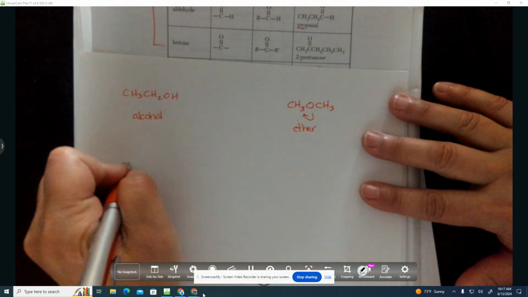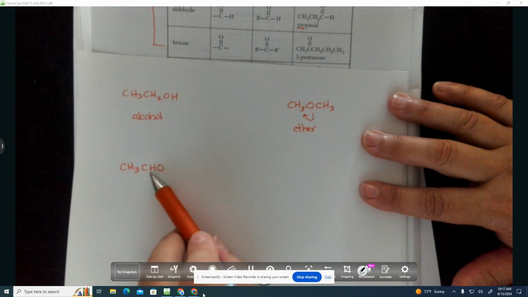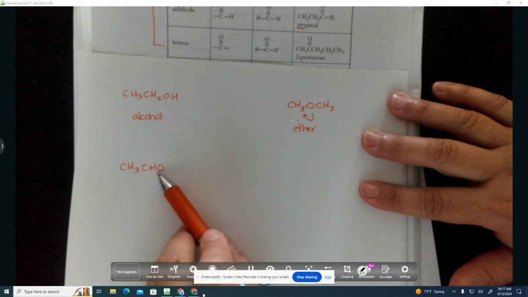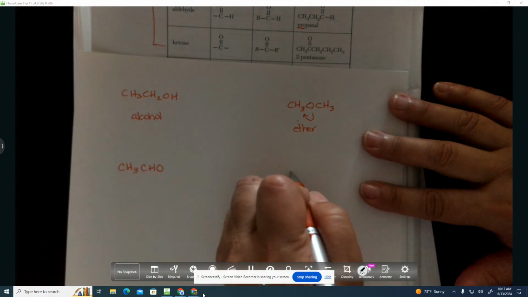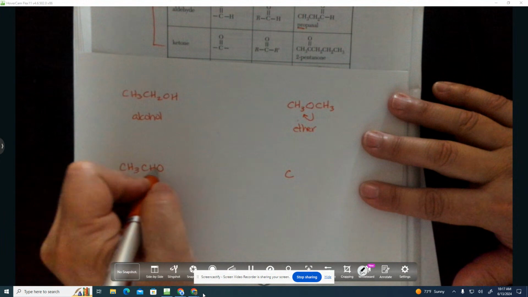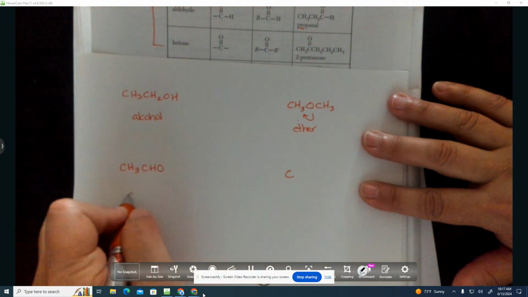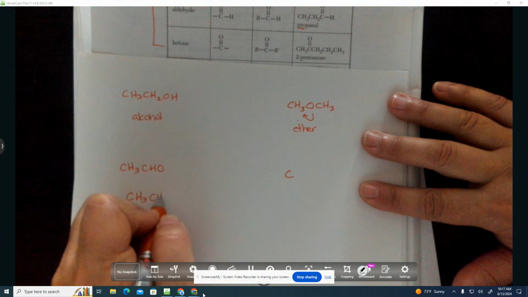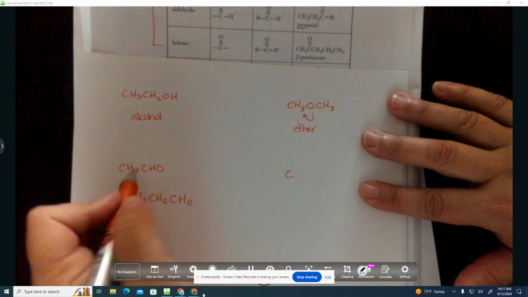All right, let's do an aldehyde and a ketone. An aldehyde is going to look like this, where the double bonded O is at the end of the carbon chain. I did ethanol, so I will now do ketone. Oh, hold on a second, I can't do that ketone because there's no middle carbon here. So let's make this a little bit bigger. CH3, CHO.